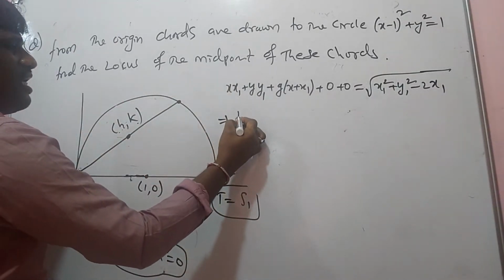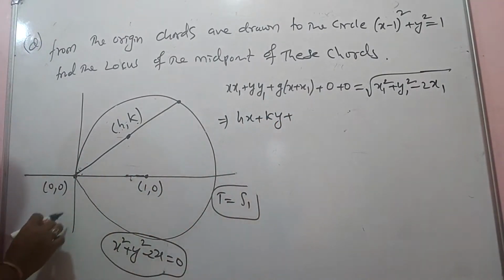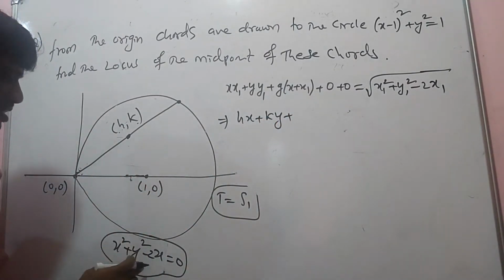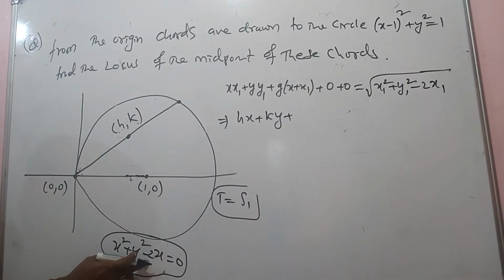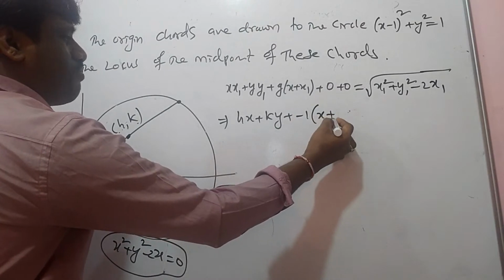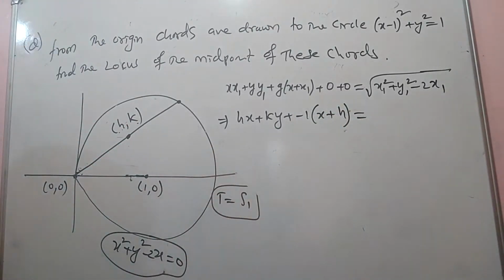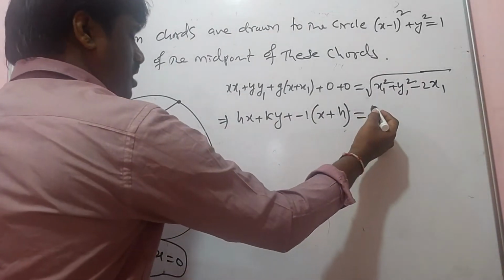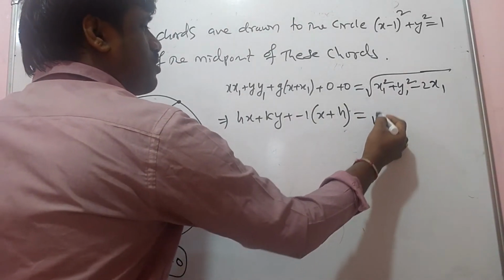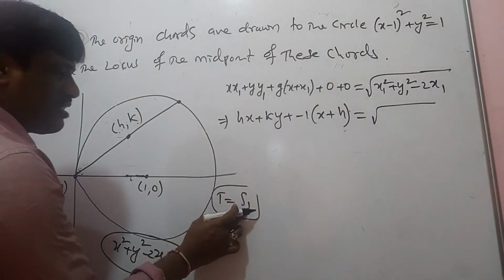So what I get here is hx plus ky plus g. G is how much? G is minus 1. So minus 1 into x plus x1, that is h, is equal to S1.